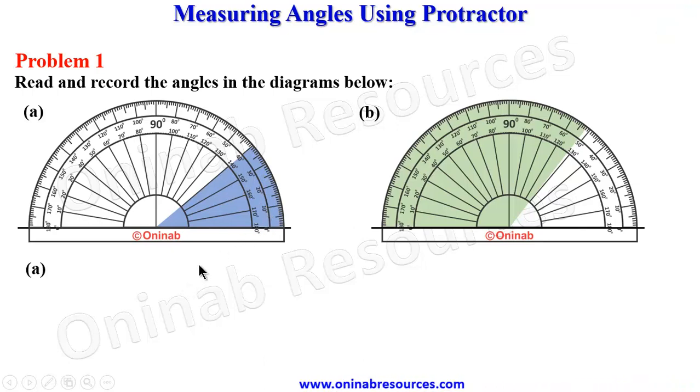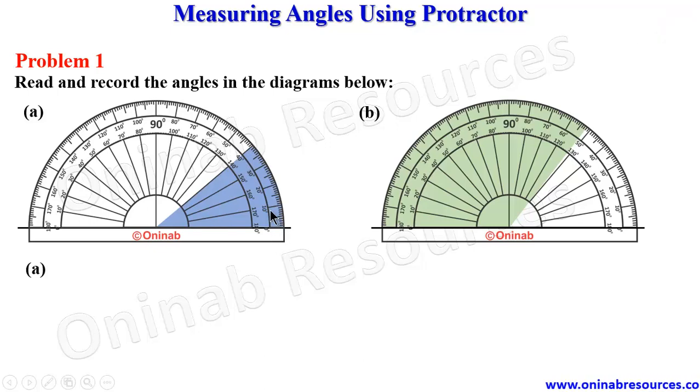So what we do is we look at the calibrations, since there are two calibrations. We have the first one anti-clockwise and the inner one clockwise. We then look at which of the calibrations we are using. This one starts from 180, 170 going backward, but here it starts from 0, 10, 20, 30, 40, 50, 60 and so on.